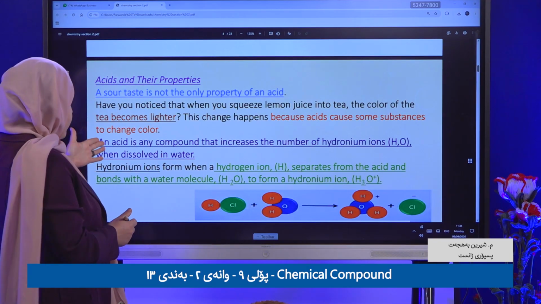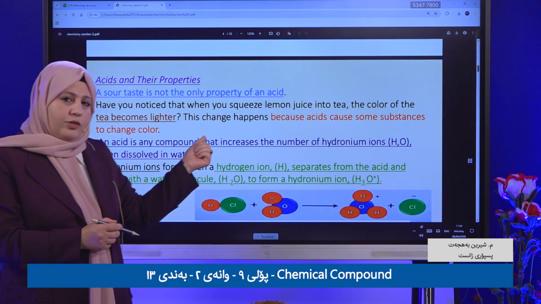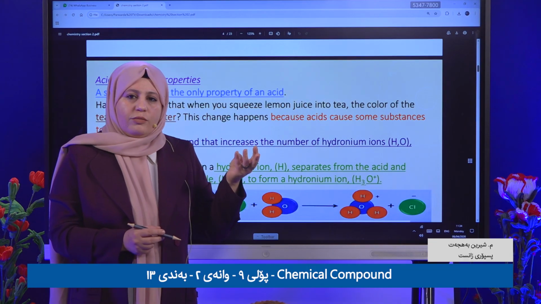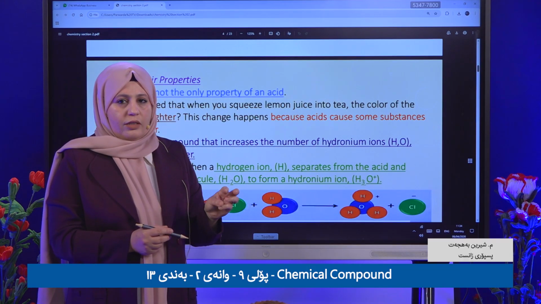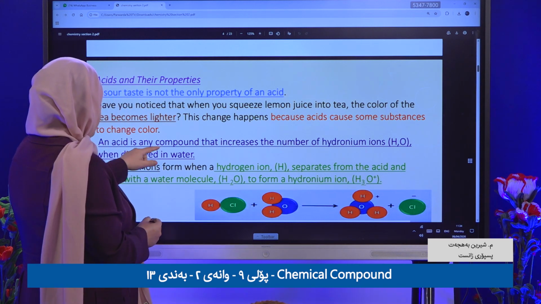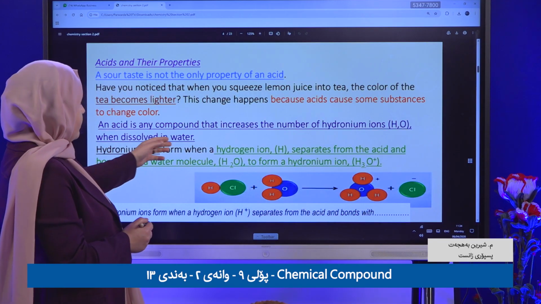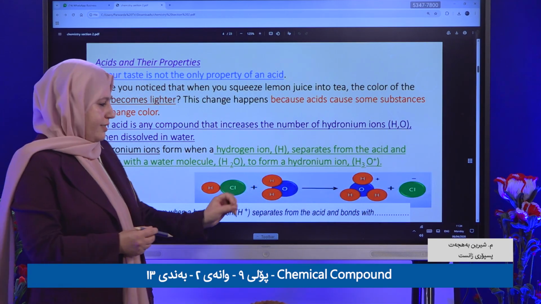Acid is a type of compound. We previously talked about ionic compounds and covalent compounds. Acid is a type of covalent compound, right? Acid increases the number of what? It's very important, especially for the national exam.